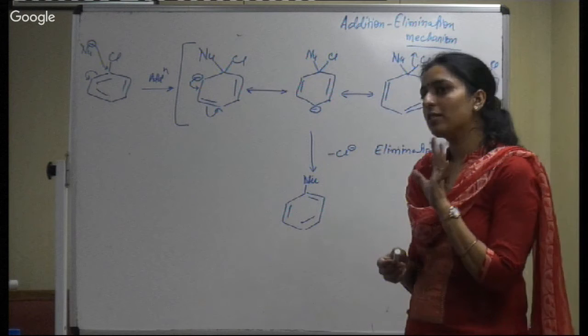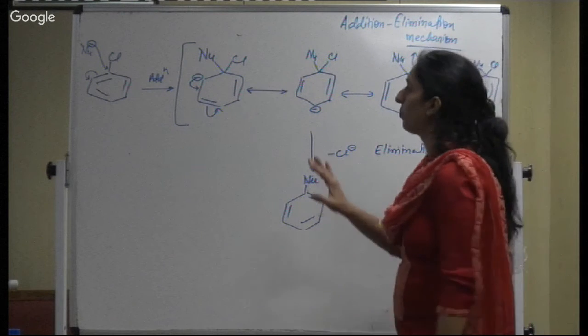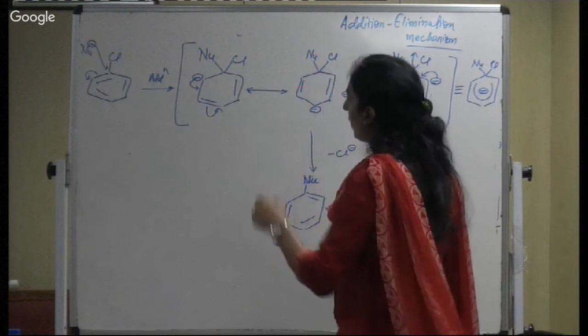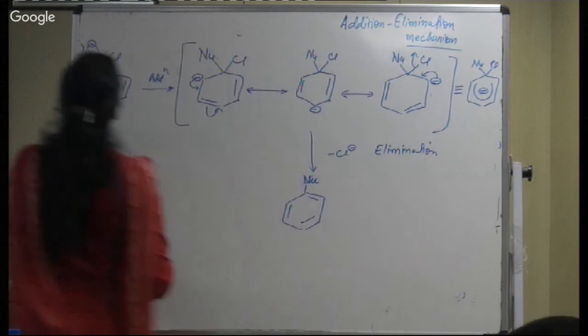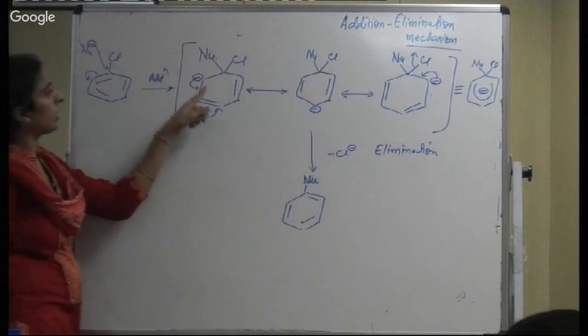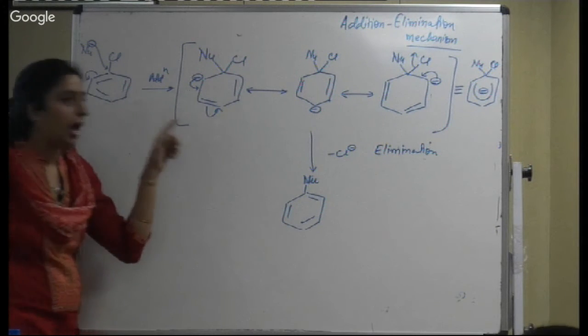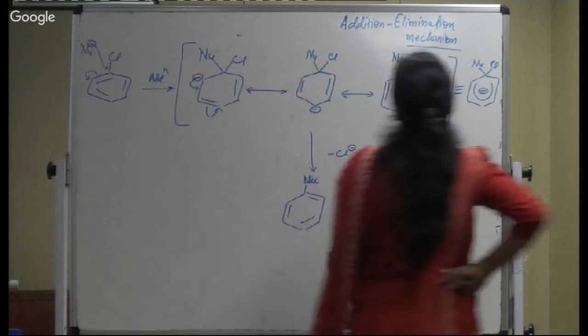Please look at the resonating structures carefully. First thing, let's compare with alkyl halide. You are observing a negative charge at the ortho position, at para, and at the other ortho.